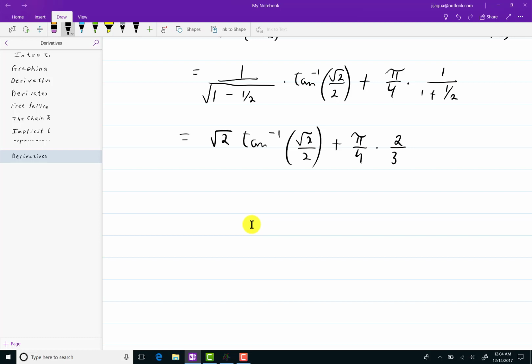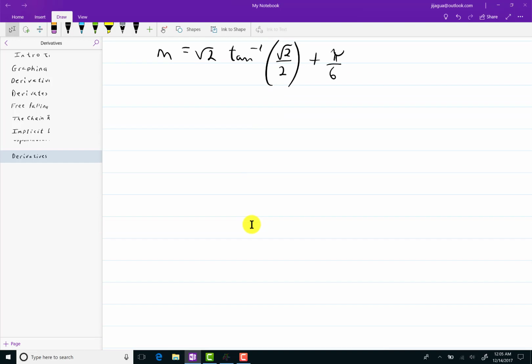Then I can do just the slightest bit of simplifying here. So we end up with radical 2 arctangent of radical 2 over 2 plus pi over 6. So that'll be my m.